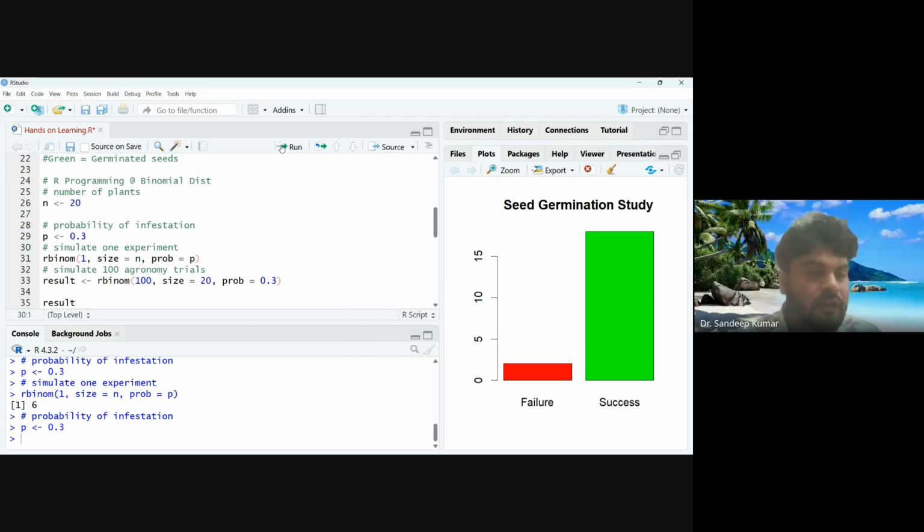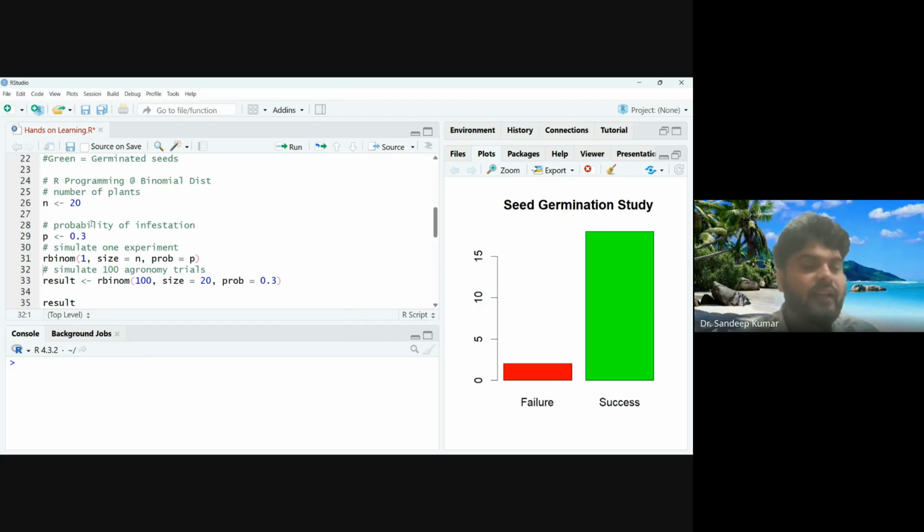With p equal to 0.3 and rbinom, I simulate again. So each simulation has different values. Okay. Now I erase this code and run again.